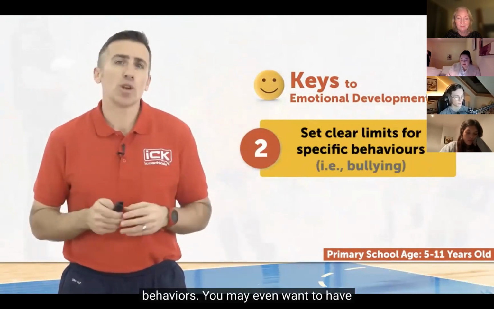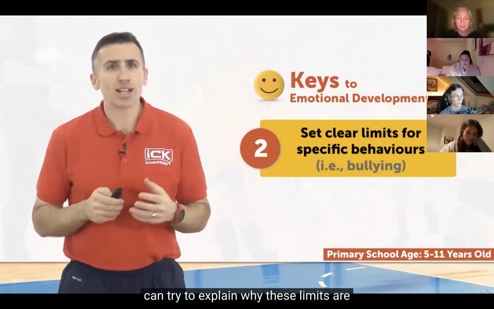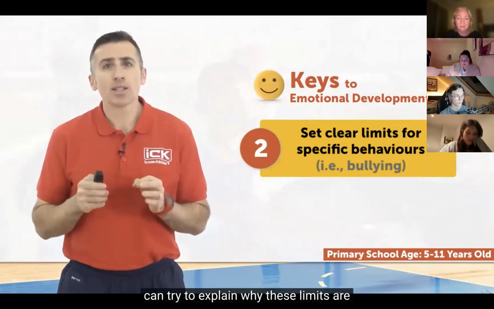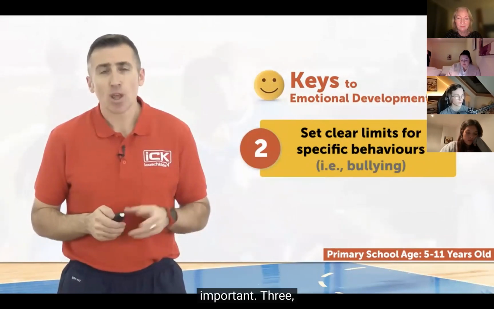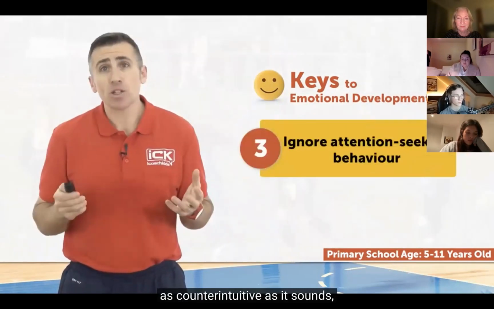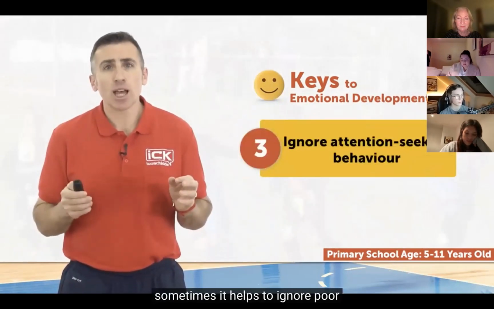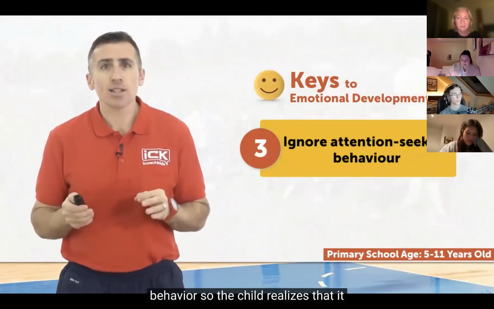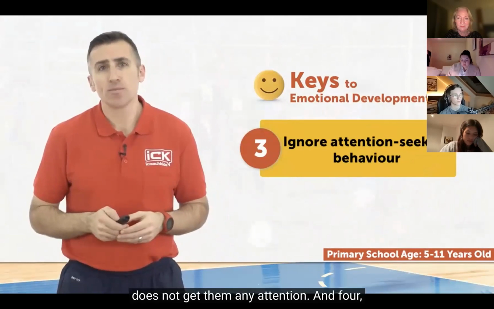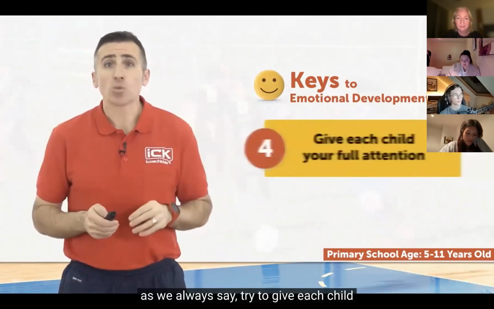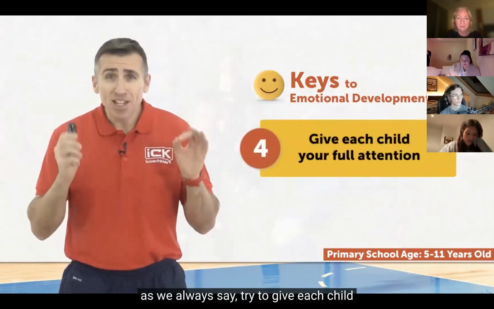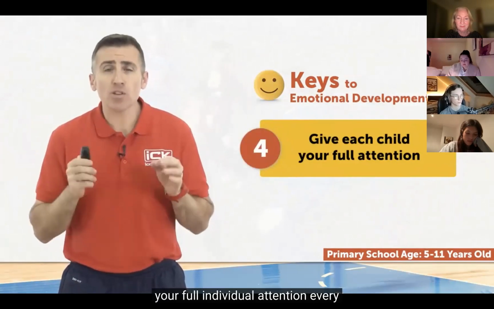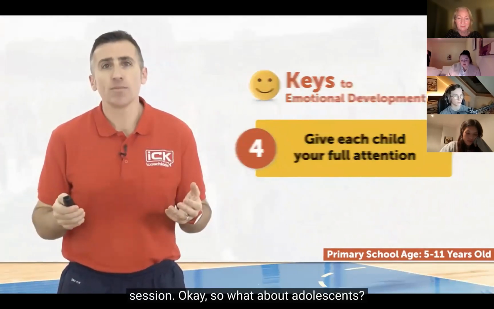You may even want to have discussions with the children where they can try to explain why these limits are important. 3, as counterintuitive as it sounds, sometimes it helps to ignore poor behavior, so the child realizes that it does not get them any attention. And 4, as we always say, try to give each child your full individual attention every session.